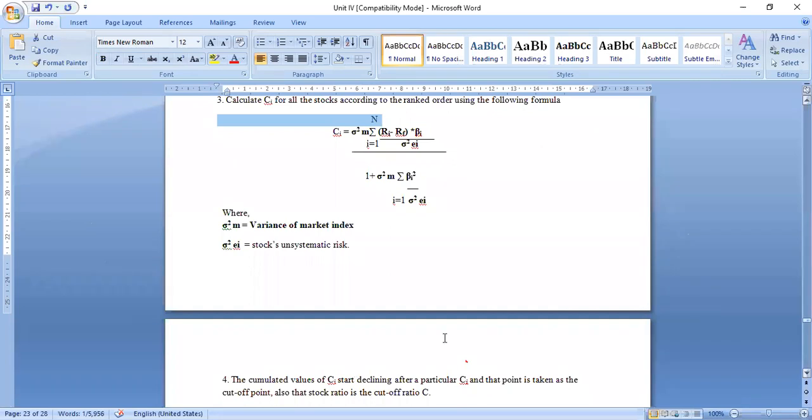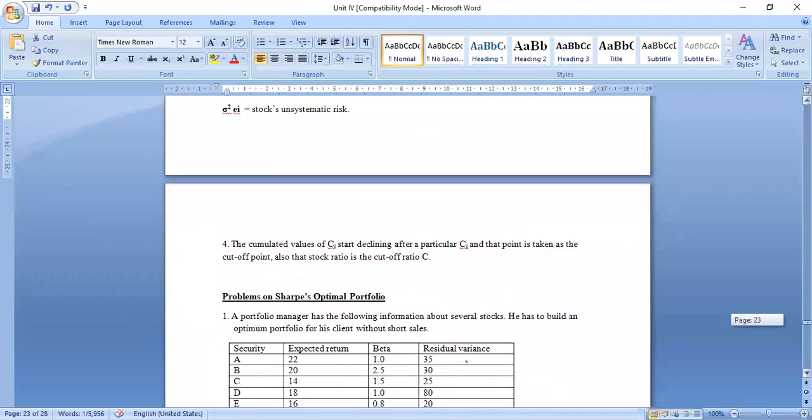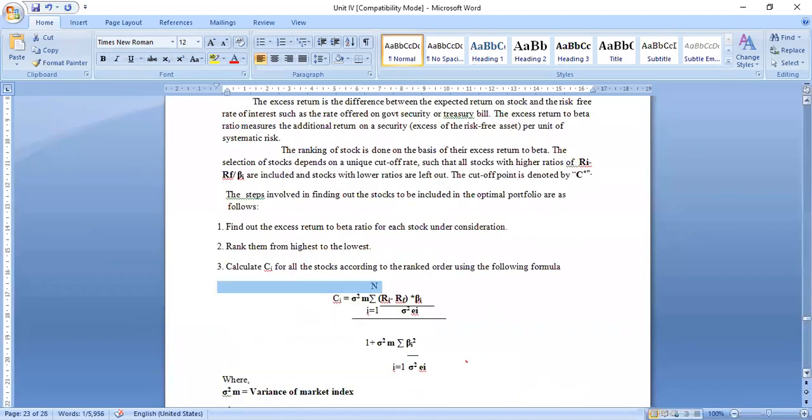Okay. So this is the variance of market index, and then you are having the stock's unsystematic risk or residual variance. And then the last step is that the cumulated values of Ci start declining. Now what is this cumulative values?